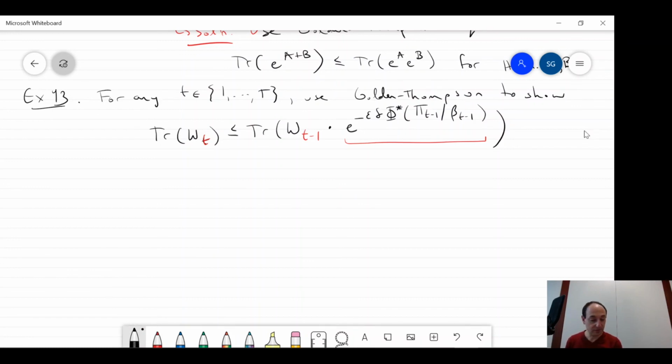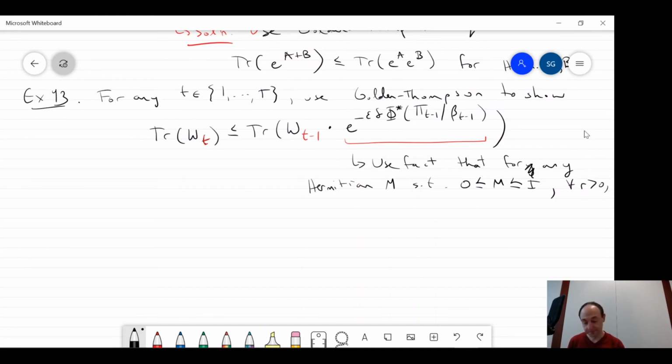So now we want to bring this down, we want to use the fact that for any Hermitian M, which is between 0 and identity, and for all positive real numbers R, two inequalities hold. e to the Rm is at most, this is an operator, so in the positive semidefinite ordering, R e to the Rm.